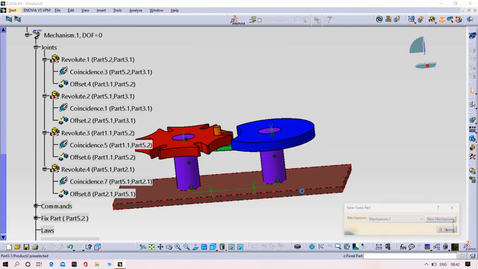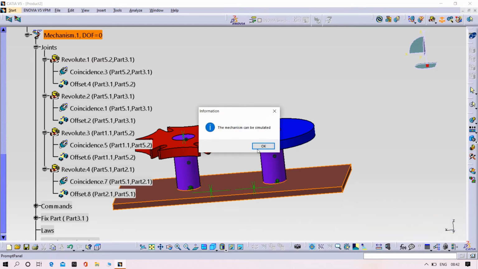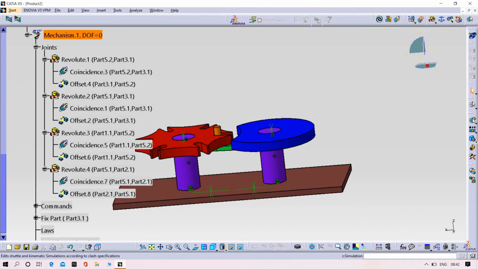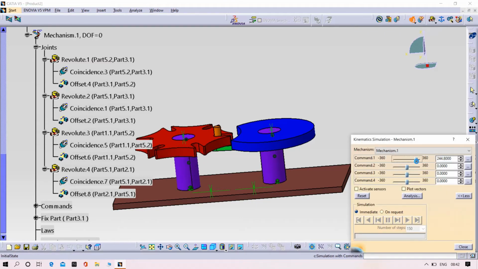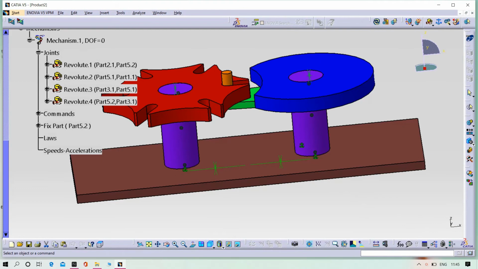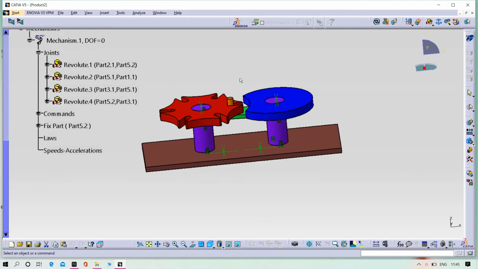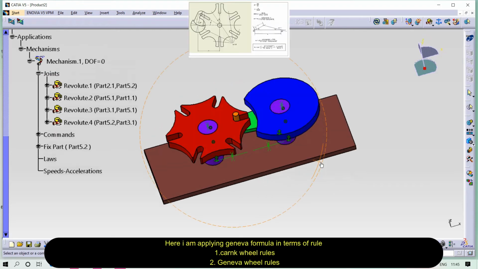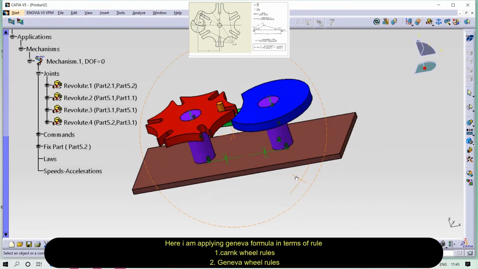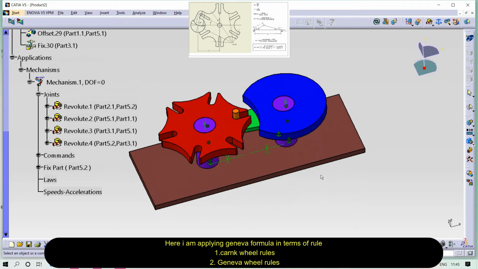Then try to fix the base also. These both are rotating. Yeah, up to now we completed the kinematics of the Geneva drive mechanism. Now we need to give the two laws. First one is a crank wheel law and second one is a Geneva wheel law.